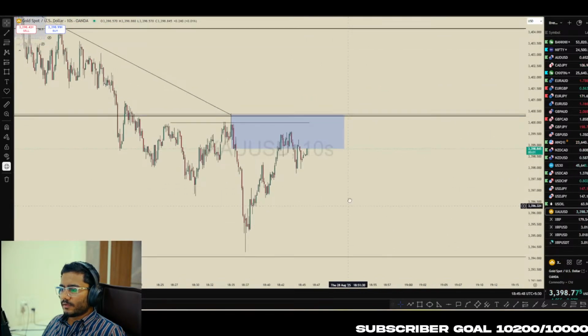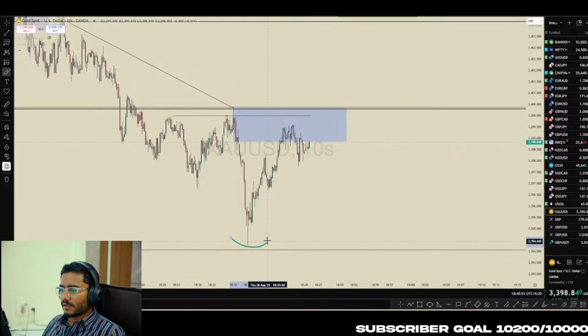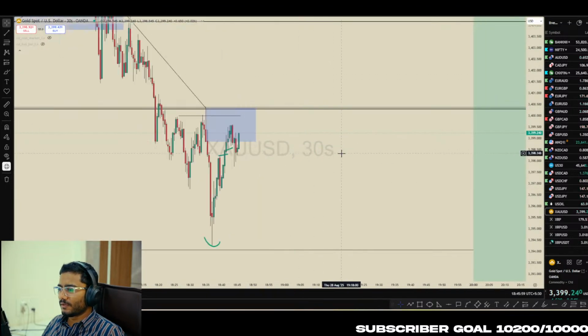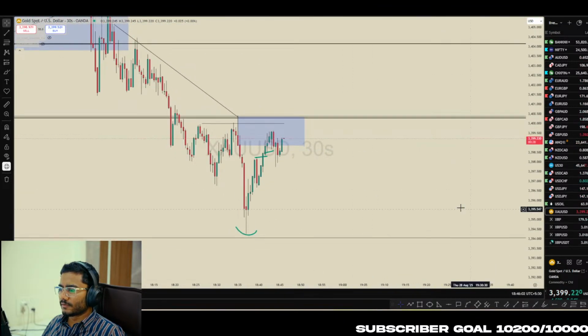So right now, if price reacts from this area, then probably we can see it's creating these equals, and this will be a retest, and it should continue breaking this order block. Like it will create a breaker block from this area.